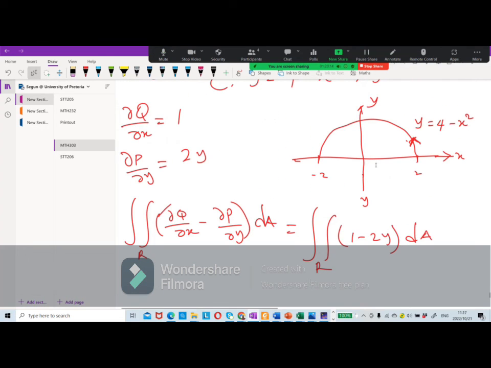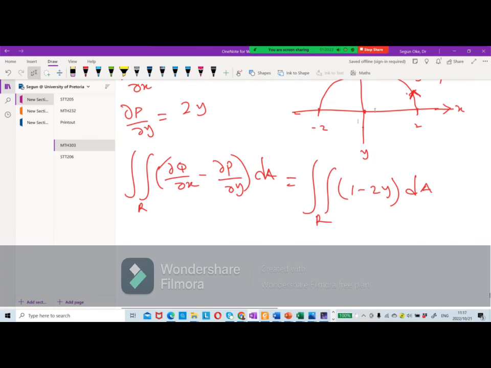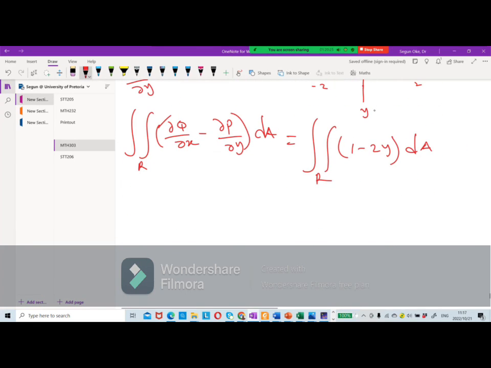When y is equal to 0, we are talking about from 0 now. What is the upper bound? So you have x going from -2 to 2. Then y is equal to 0 to 4 minus x squared.